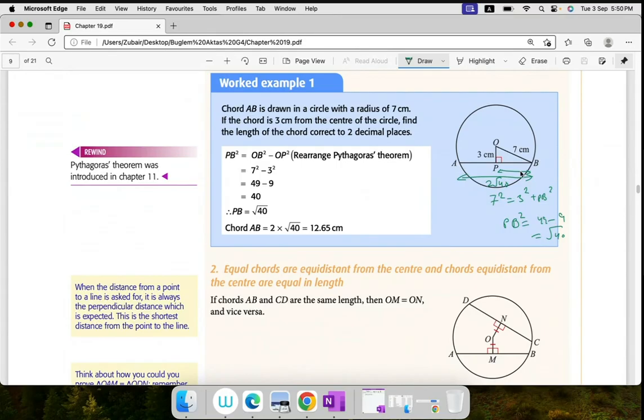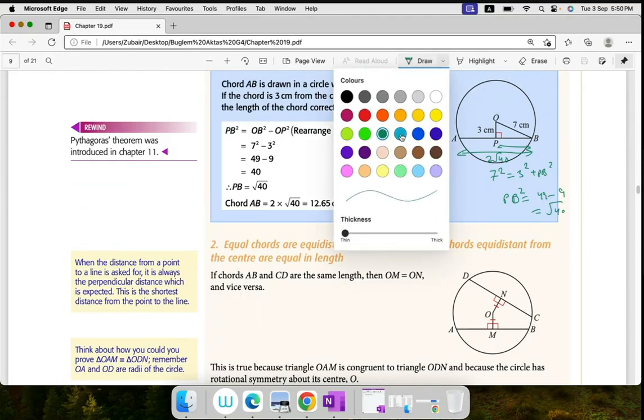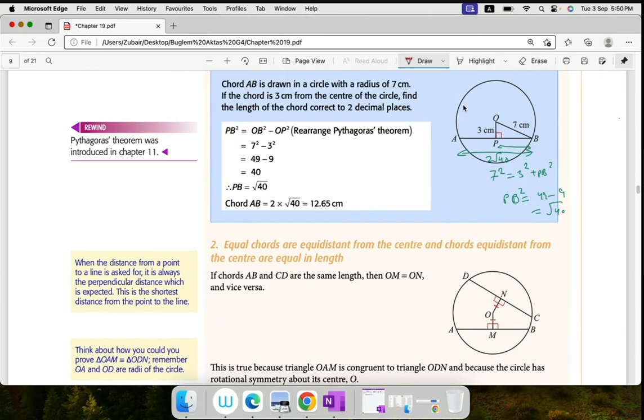Now same way, if you see the diagram, we have two different positions. For example, I'm going back again in the first worked example. If I just draw this line and I say that the distance from the center is 4, will this new line XY be longer than AB or shorter? It will be shorter.